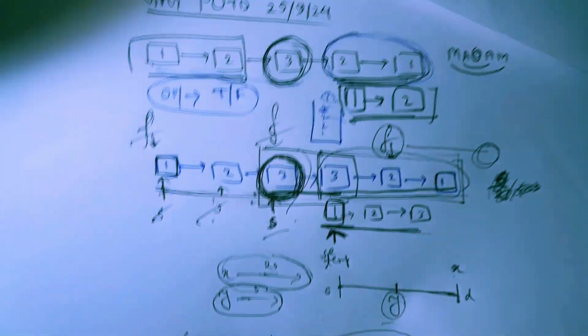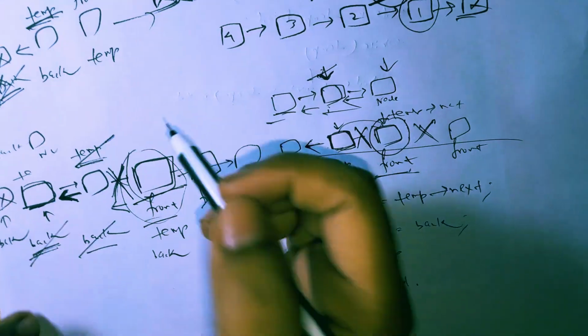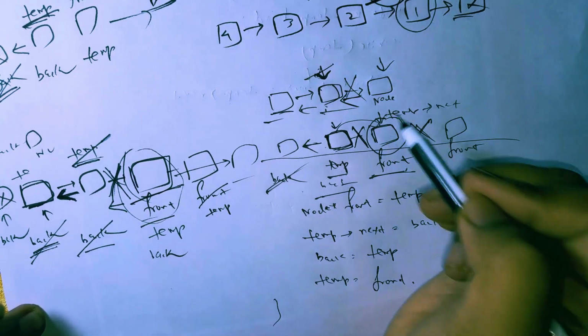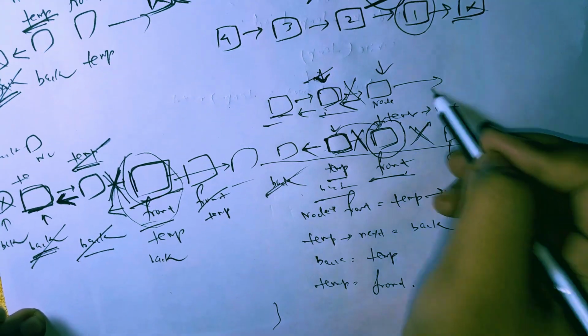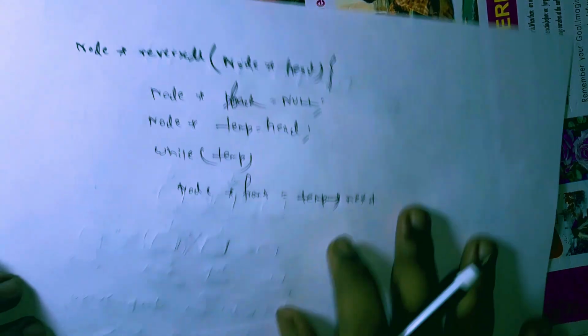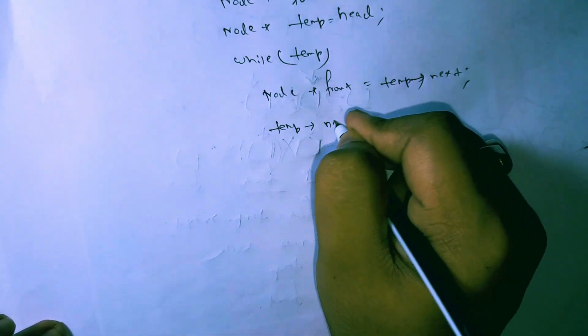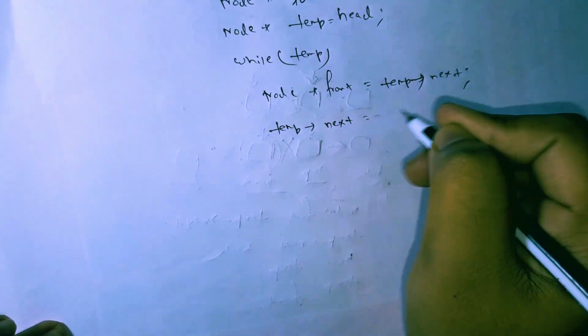I know that after reversing, I will lose the rest of the link list, so I will store it. So node star front, and I will do temp next equals to back.